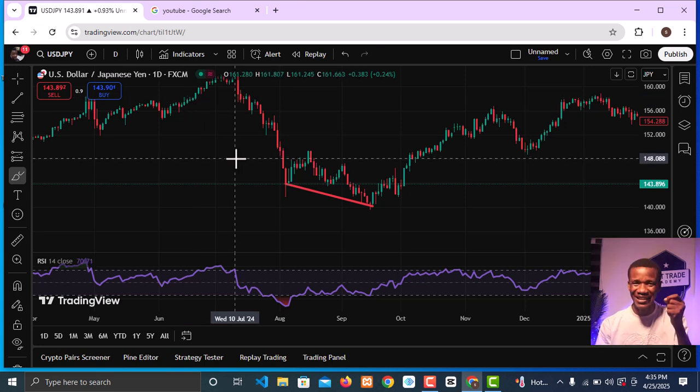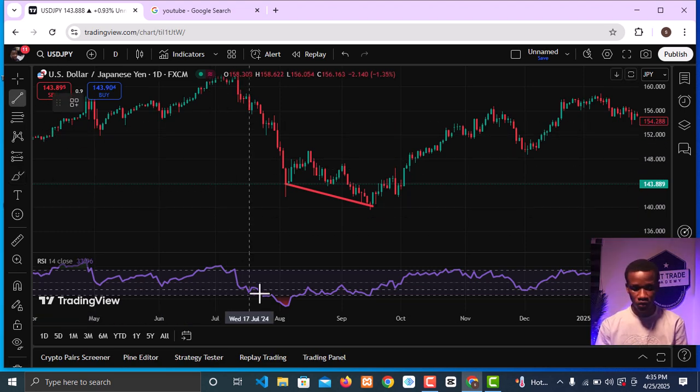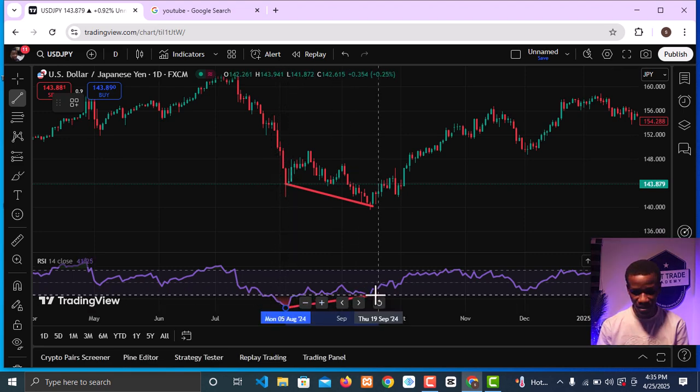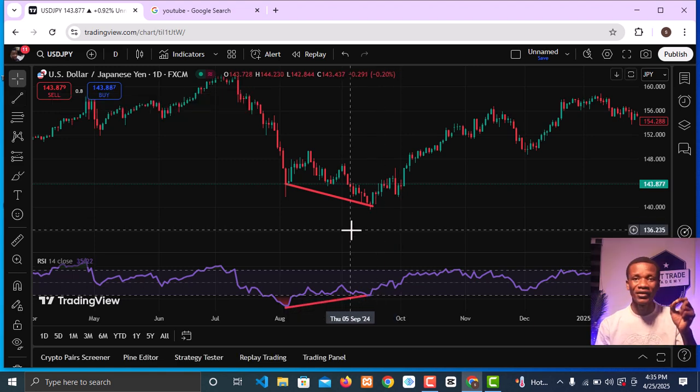But if you look at the exact same point on the RSI indicator, market is moving upward, creating a higher low. This means that a divergence has been created.